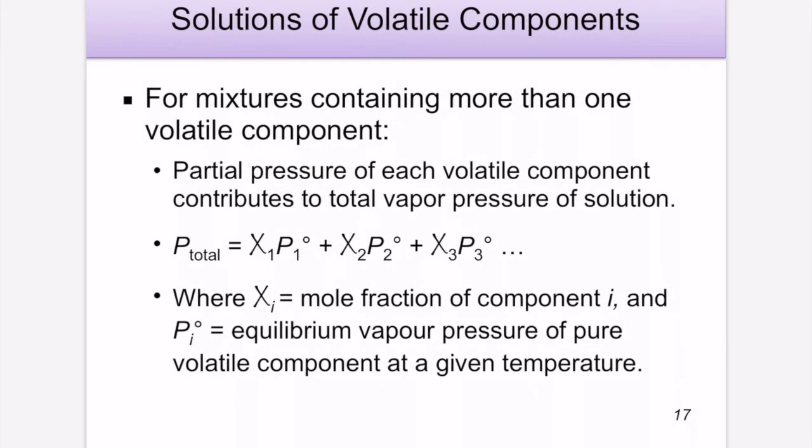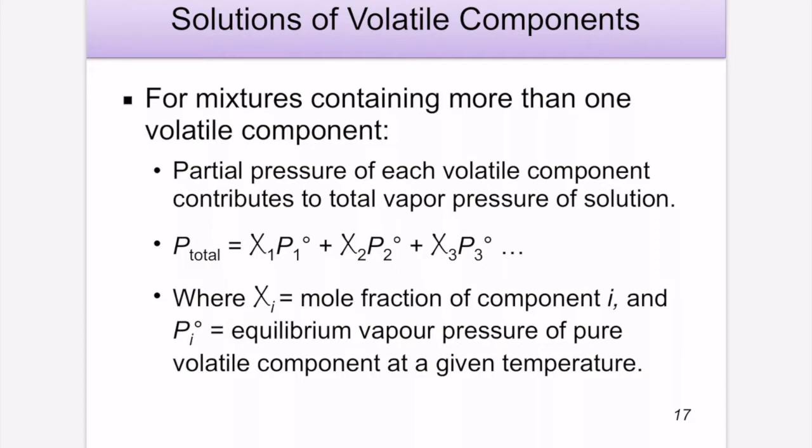Okay, so for mixtures containing more than one volatile compound, again, like ethanol and water or heptane and octane, in order to calculate the vapor pressure of that solution, we need to know the pressures, or the partial pressures, of each of the components within that solution. So if it were an octane-heptane solution, we would need to know the partial pressure of octane and add that to the partial pressure of heptane.